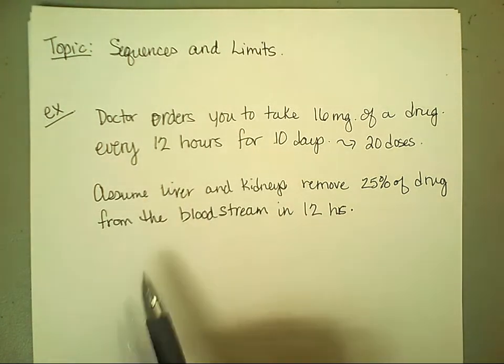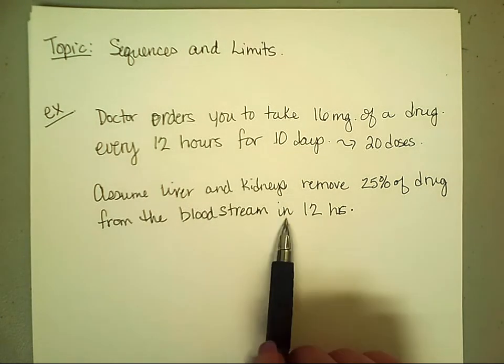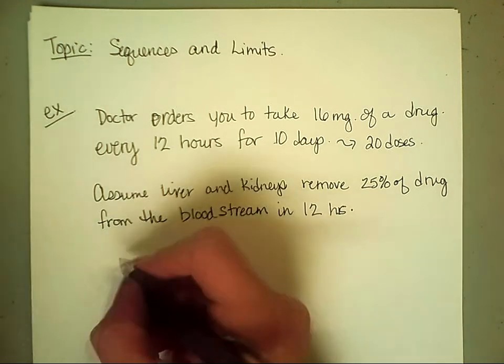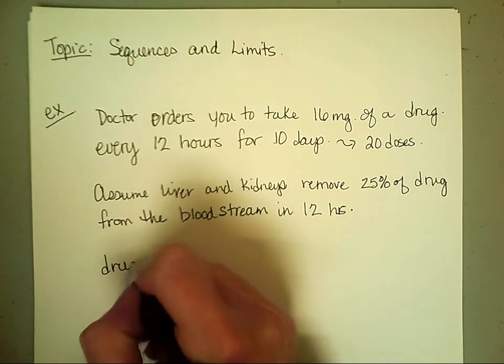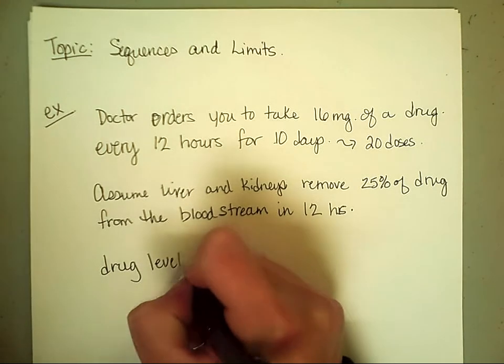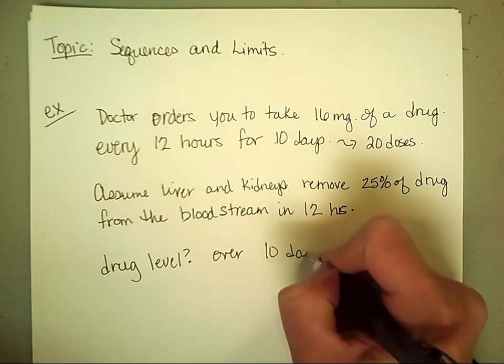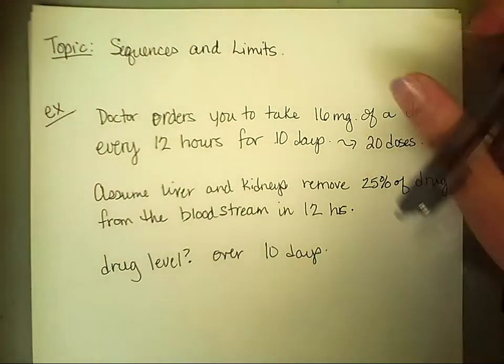So here's our prescription. Our kidneys are going to be removing some every 12 hours. And now we'll ask ourselves, what happens to the drug level in our bodies over the 10 days? So let's see what happens with that.